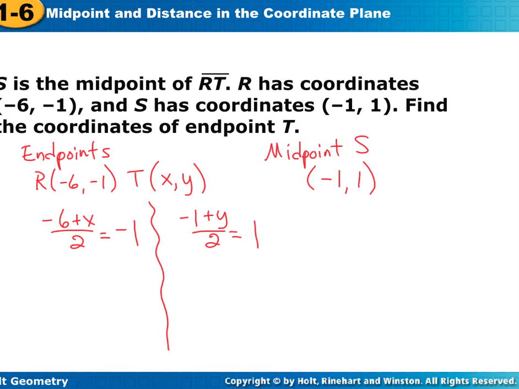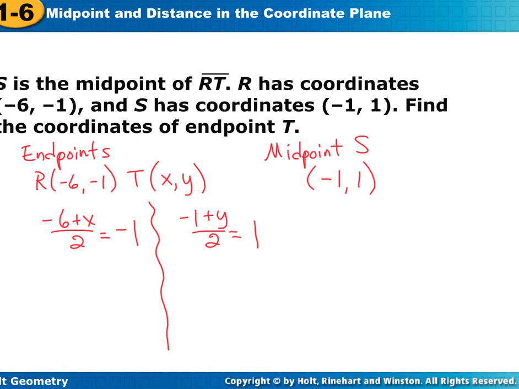Okay, question on how I set it up. Do you understand these are the endpoints? R and T are the endpoints? Okay, and that midpoint formula that you have in your notes says to get the midpoint, you need to average the x's and average the y's, add together and divide by 2.